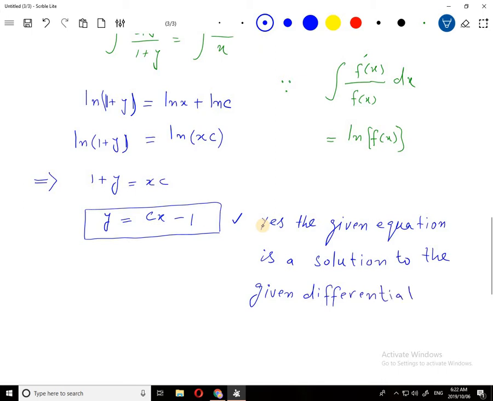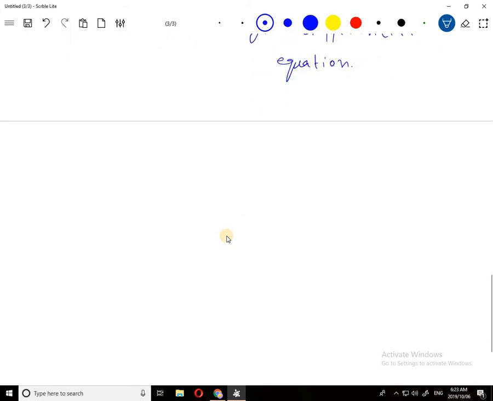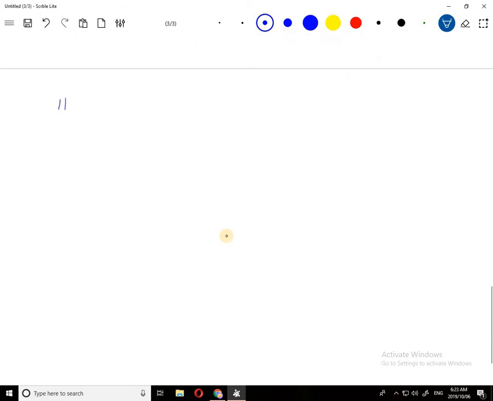So the technique that is used here is the separable variable form technique. Let's move to the next one and see what is in it.